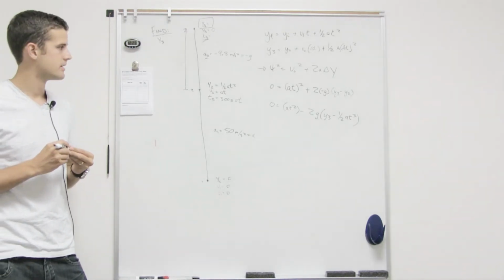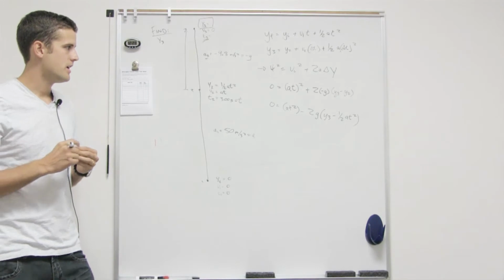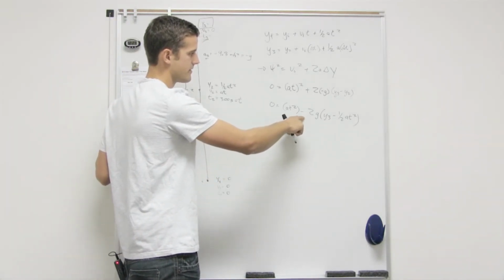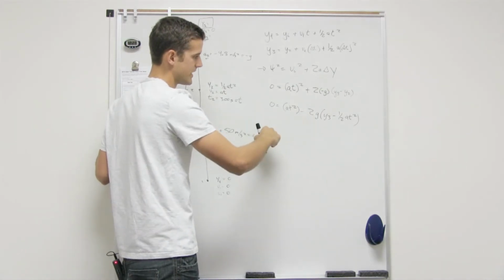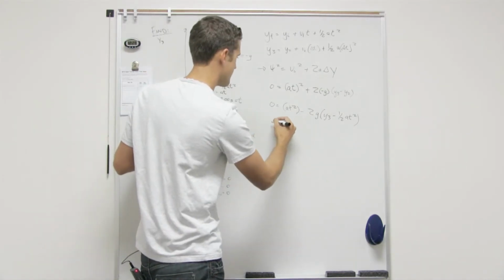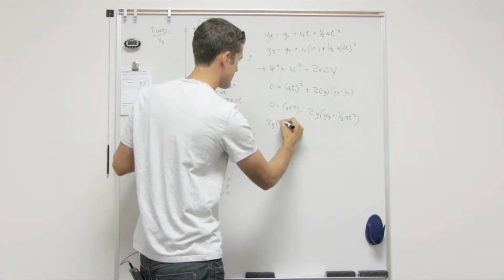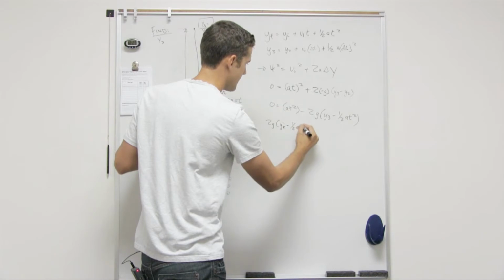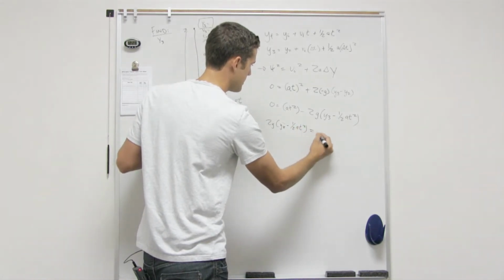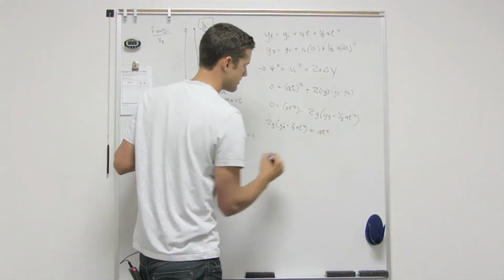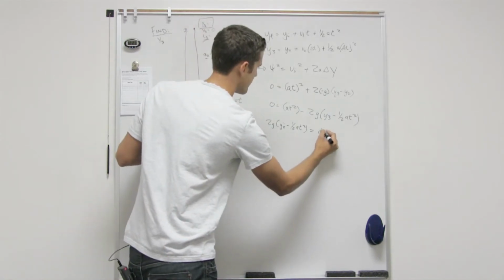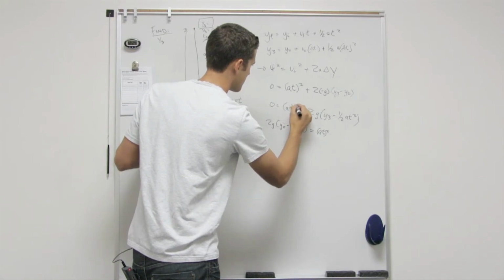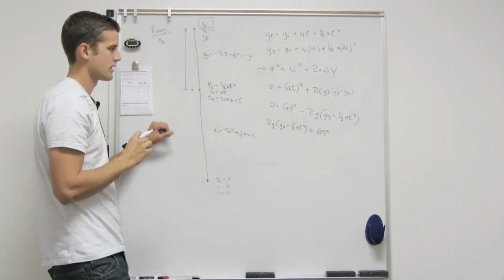It's fun math. Whenever I'm doing algebra, if I have a negative something, I'll try to move that to the other side. So 2g times y3 minus 1/2 a t squared equals a squared t squared.